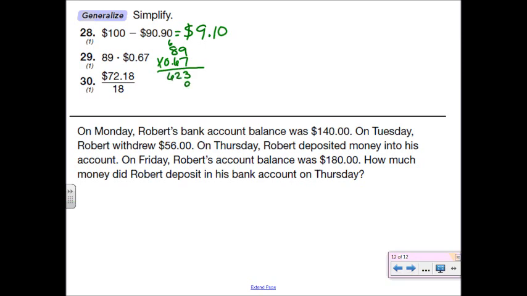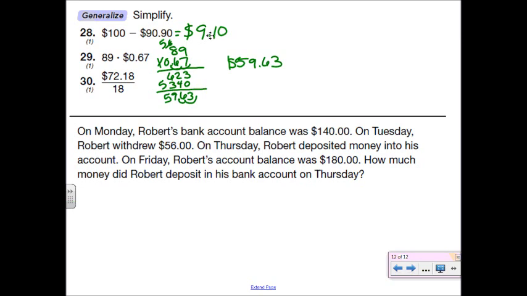We put a 0 because now we're in the tens spot. 6 times 9 is 54. 6 times 8 is 48, plus 5 is 53. So then we have 3, 6, 9, 5, and we have to move it over 2 decimal places. And so we end up with $59.63.